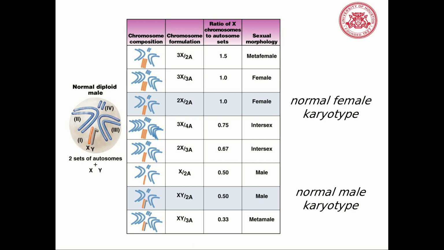So, if you look here, a normal diploid male has two sets of autosomes, an X and a Y, and it's male. You're like, okay, I get that. That doesn't seem weird. We would expect that, right? But it can change.